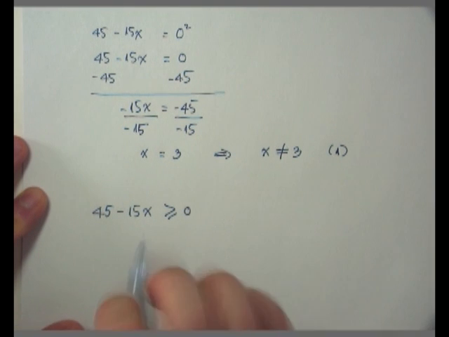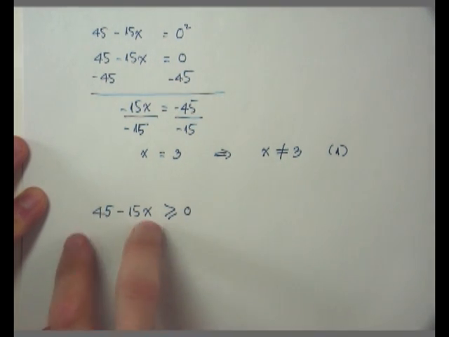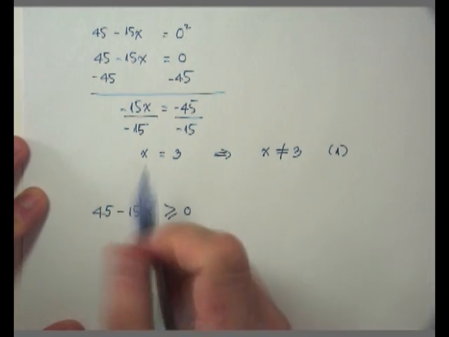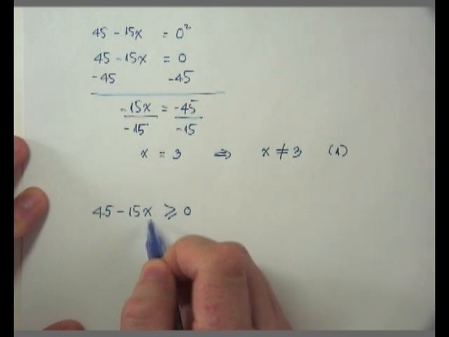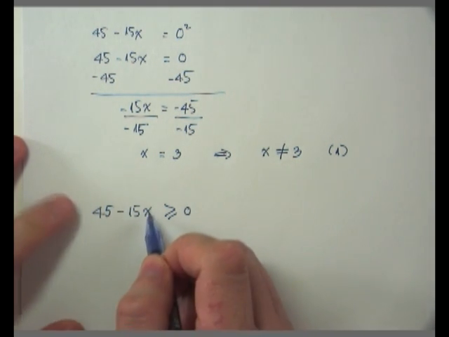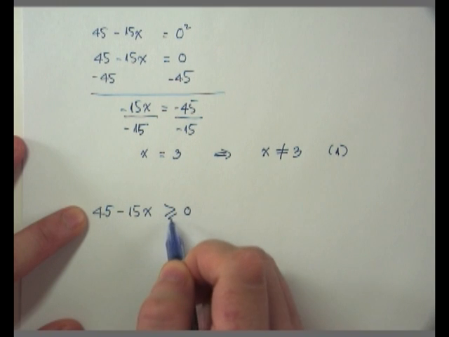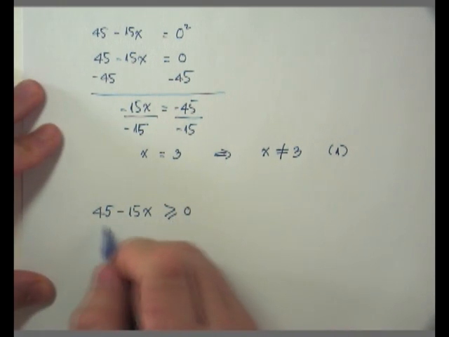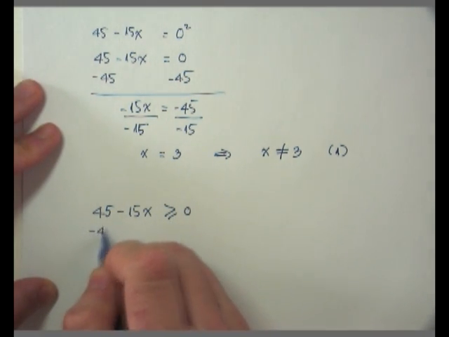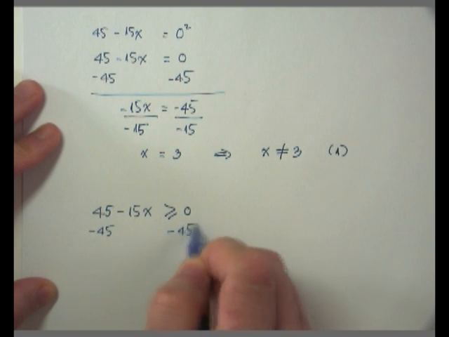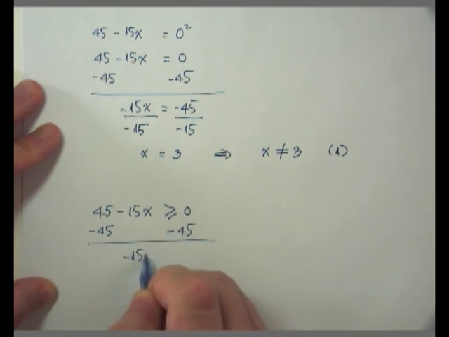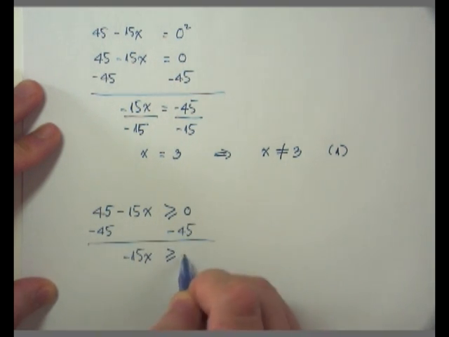So now I have set up an inequality. Now I need to solve for x. I need to find those x values that cause the quantity 45 minus 15x to be greater than or equal to 0. And to solve that, I'm going to subtract 45 from both sides once again. And here I have minus 15x greater than or equal to minus 45.